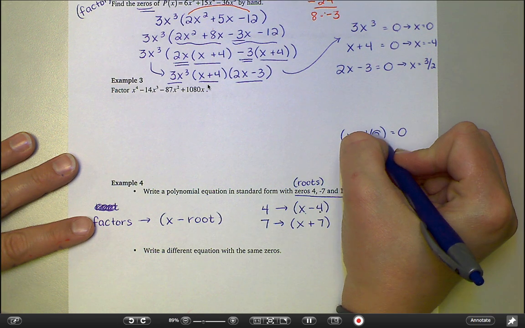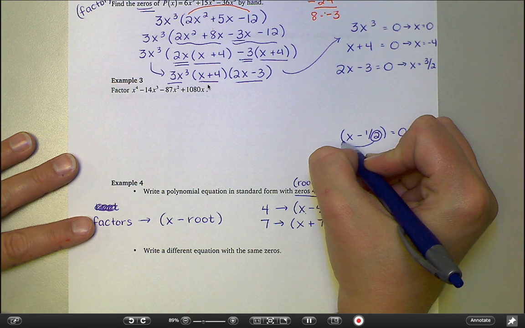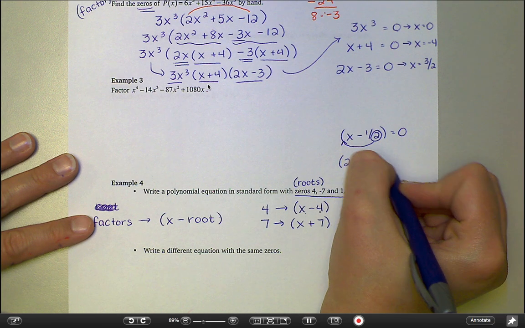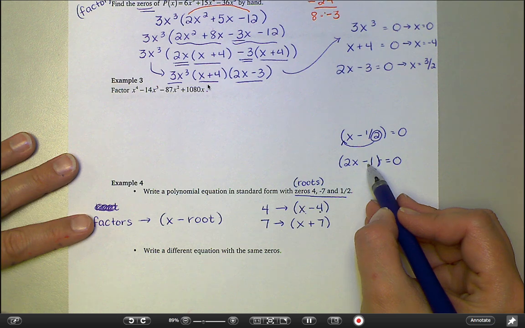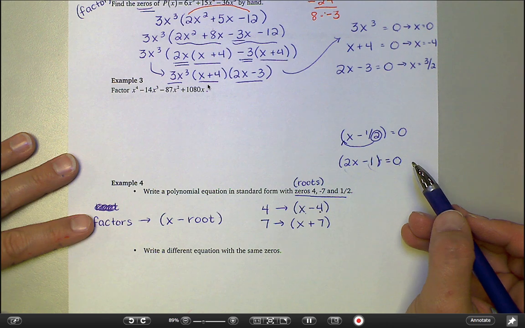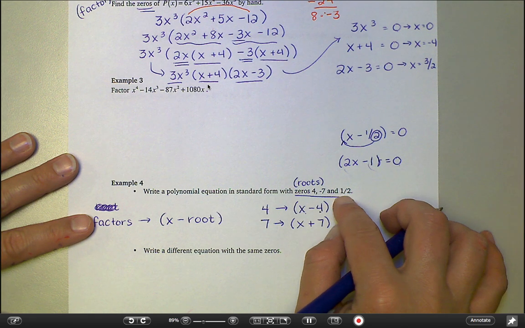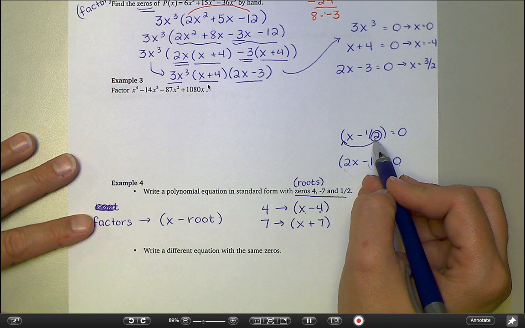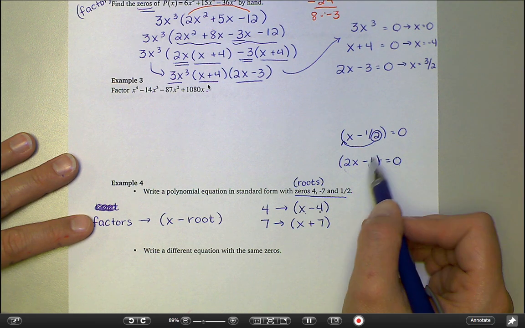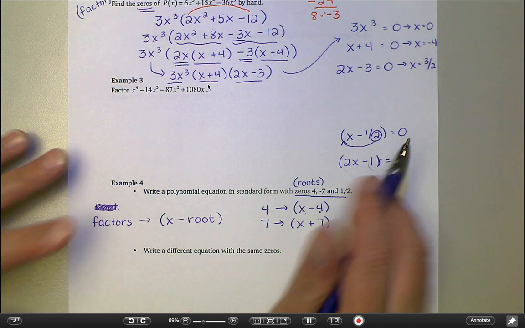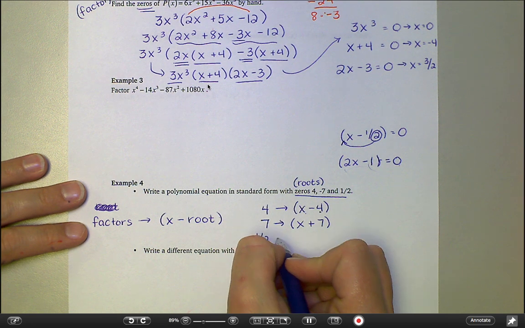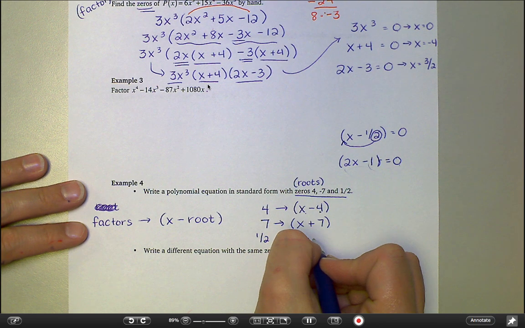But really, if you think about it, if we put this 2 over here in front of the x and we make it 2x minus 1 equals 0, and we solve that, we're going to end up adding the 1 over here and then dividing by 2. And that would give us our 1/2. So instead of writing x minus 1/2 when it's a fraction, I'm going to slide that denominator over in front of the x. And that will work for you every time you're dealing with a fraction, because you're trying to make it a binomial that will work out to have 1/2 as an answer. So to get 1/2, I would say 2x minus 1.